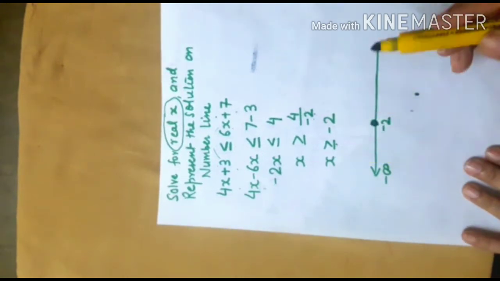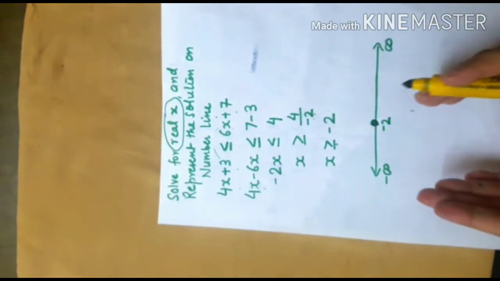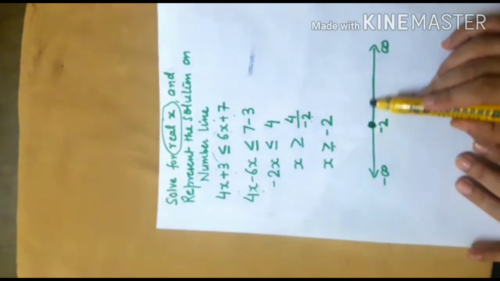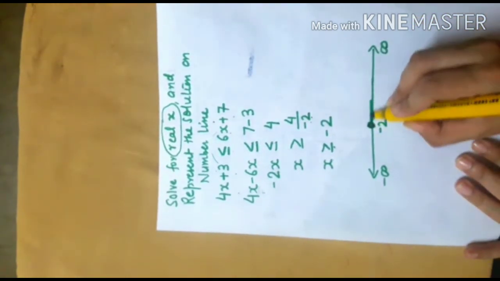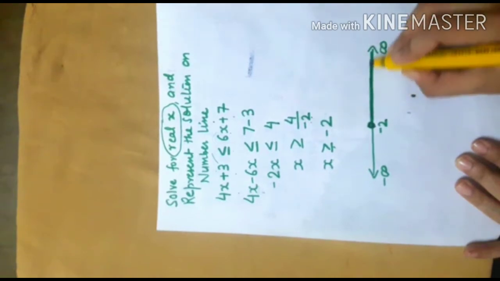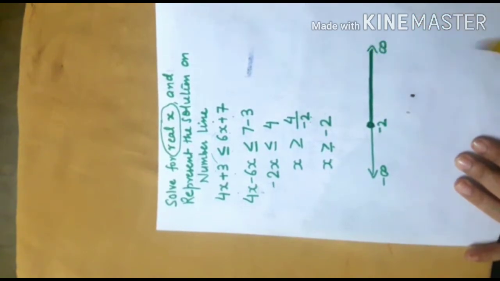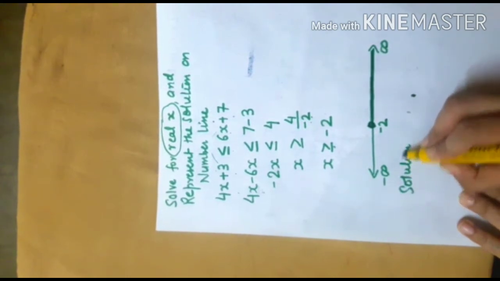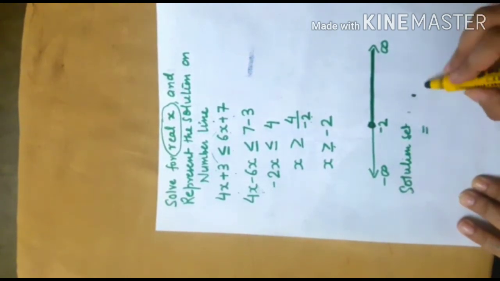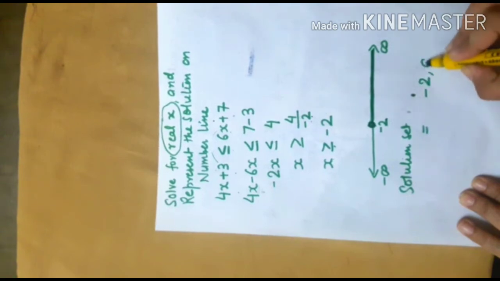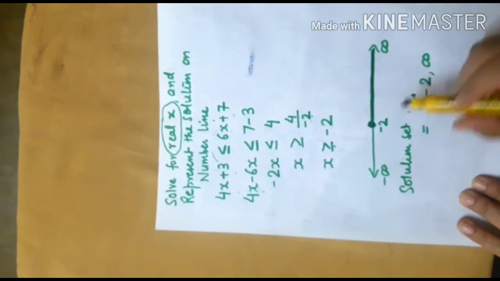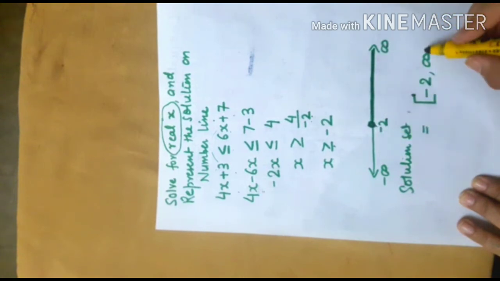Now x is greater than or equal to minus 2. The numbers which are greater than or equal to minus 2 lie in this part. So this is the solution set. So the solution set is the interval minus 2 to infinity, square bracket at minus 2 because we have a solid circle here, and round bracket here.